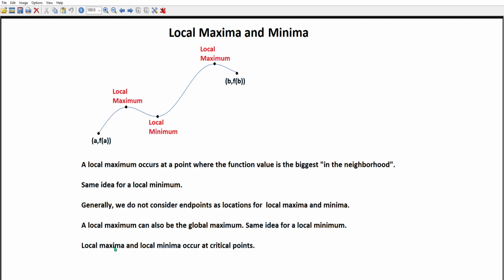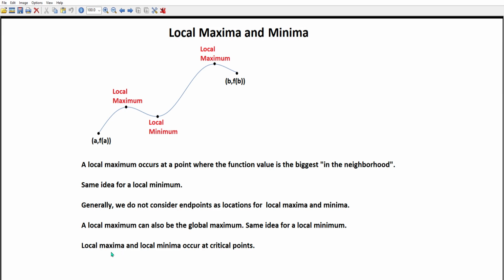Local maxima and local minima occur at critical points. Top of hill, bottom of valley, top of hill. Those are all critical points. Here in this picture, the tangents are horizontal, but if we drew the other picture that we saw previously where there was a corner at our maximum, you could see that the derivative might not exist there.